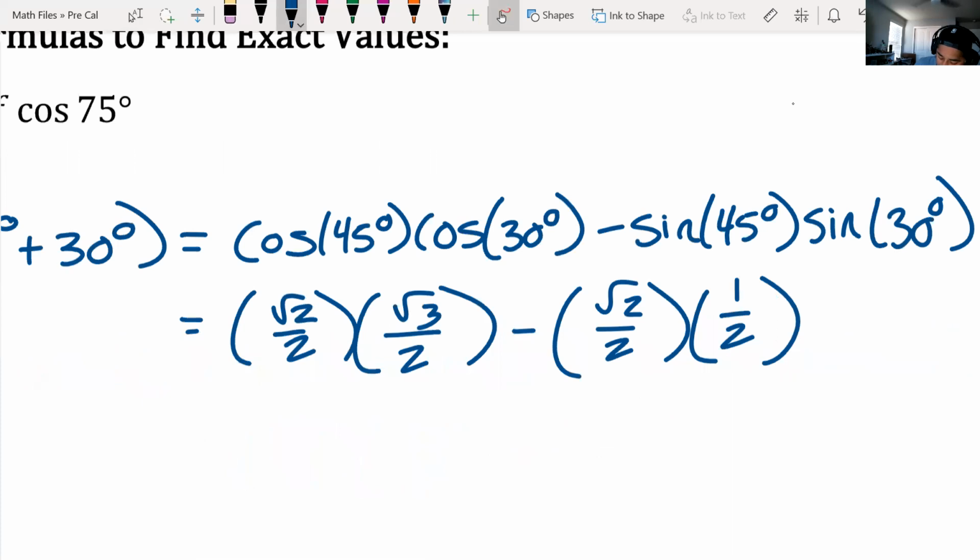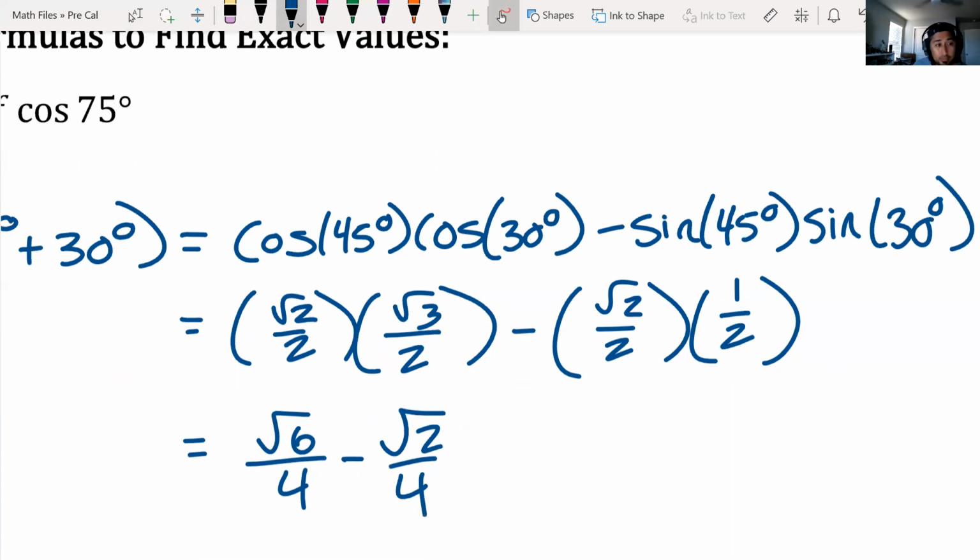And now just multiply them together. Square root of 2 over 2 times square root of 3 over 2 is square root of 6 over 4 minus square root of 2 over 2 times 1/2 is square root of 2 over 4. And I think my math lab makes you put them together as one whole fraction.